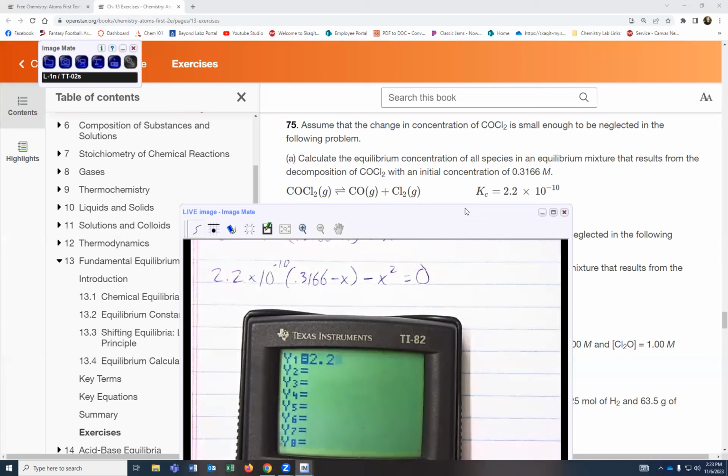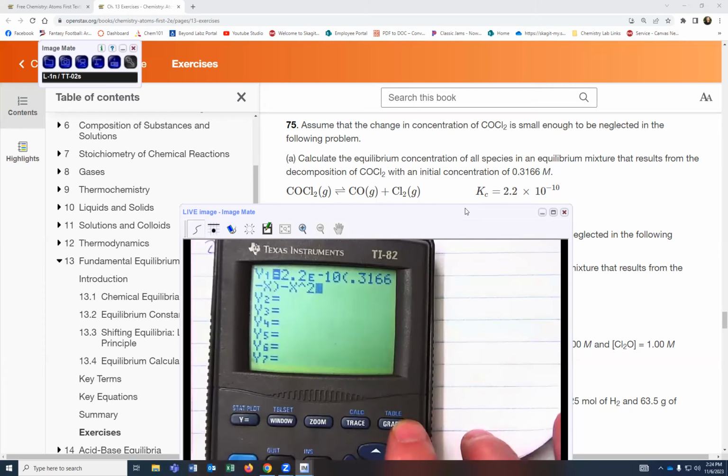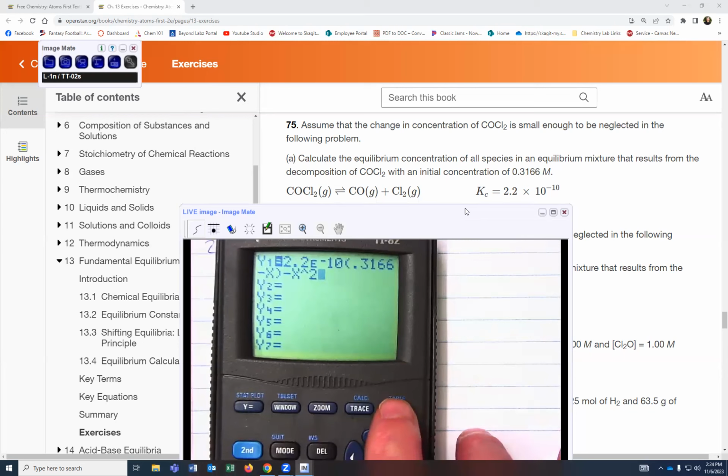Doing 2.2 times 10 to the minus 10 multiplied by 0.3166 minus x, and then minus x squared. You can also do minus x raised to the second. It does the exact same thing, one way or the other. So now my equation is entered. I should be able to hit the graph button and get a graph.